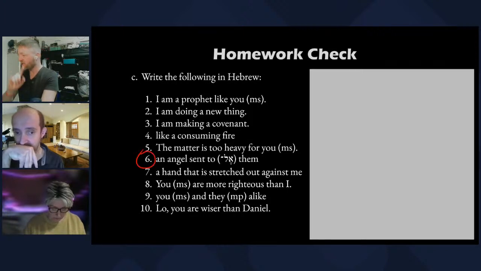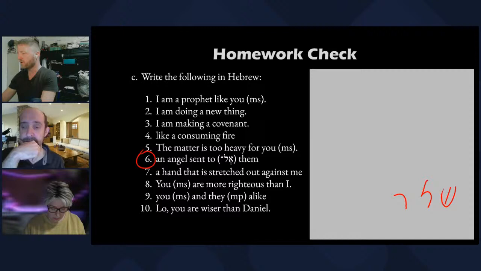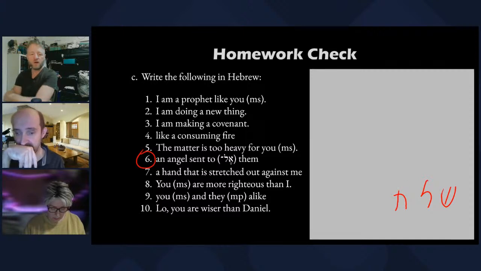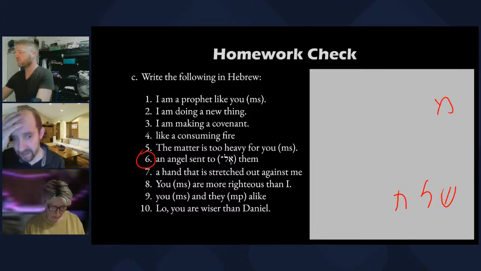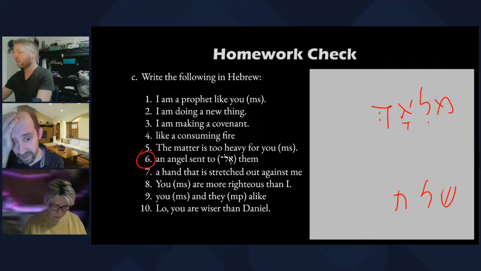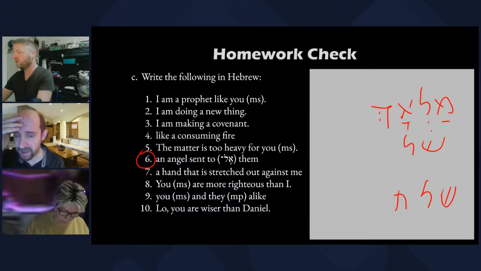Number 6, an angel sent to them. We're going to use shalach, and we learned the kal passive participle. Okay, how do we say an angel? Malach. Malach with an aleph. Okay, malach. Shaluach.